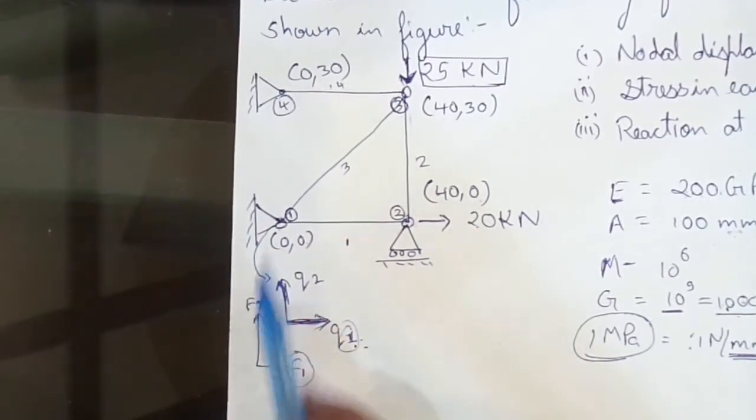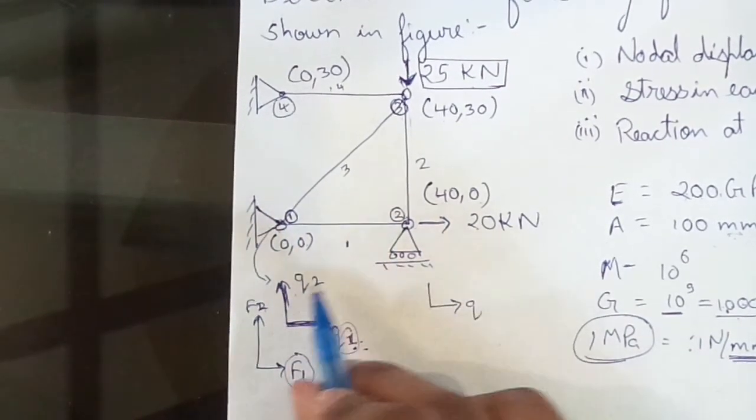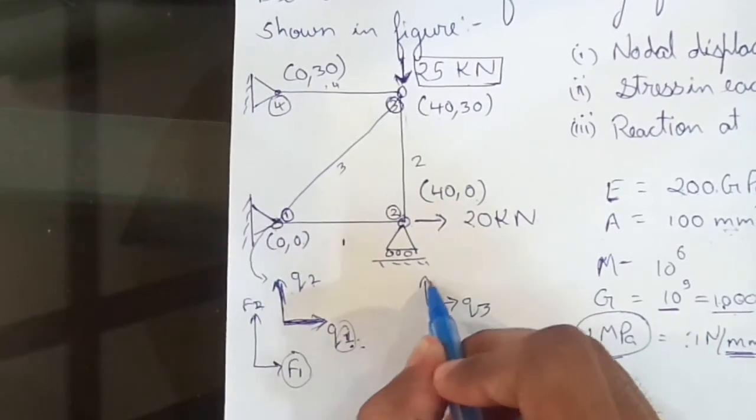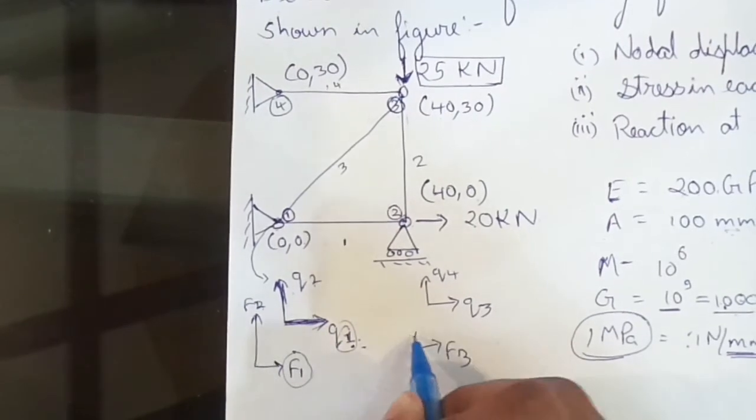So for first node q1, q2. For second node, since the first is ending on q2, it will start from 3: q3, q4, or you can say f3, f4.